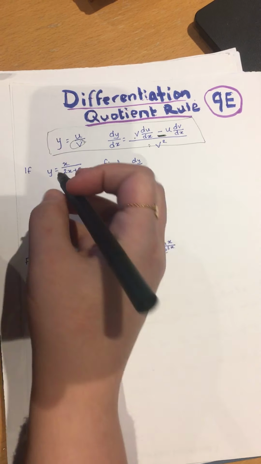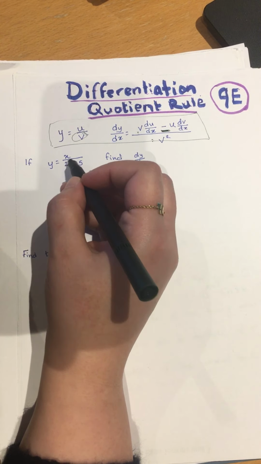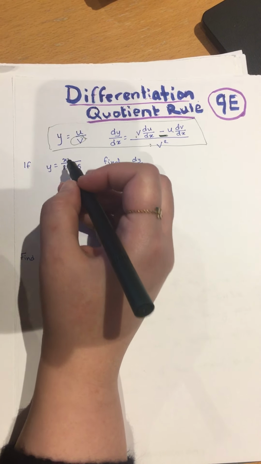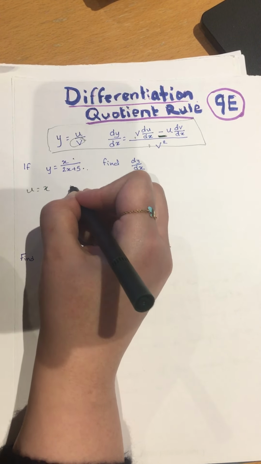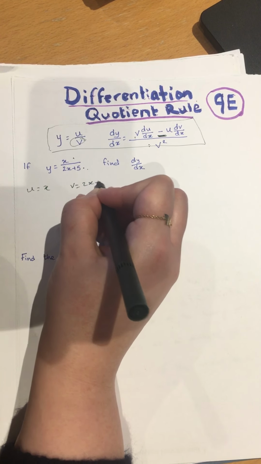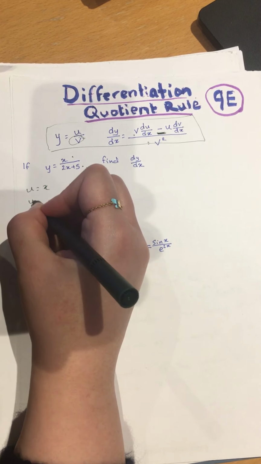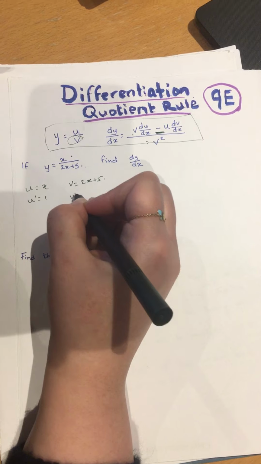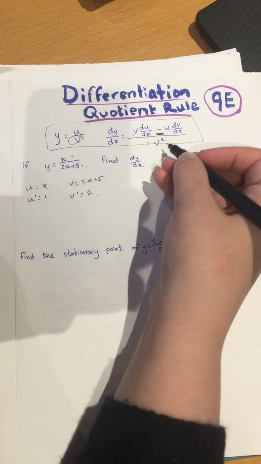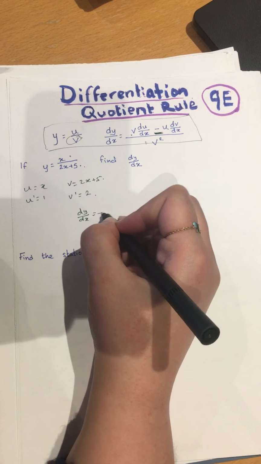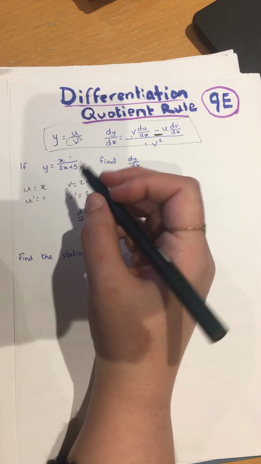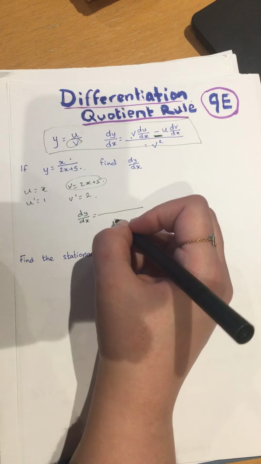Okay, let's put this into practice. I've got y is equal to x over 2x plus 5. So this is u and this is v. And now I want to differentiate both of them. So u dash is equal to 1, v dash is equal to 2. Now applying the formula, dy by dx is equal to, at the bottom I have v squared, so this is (2x plus 5) squared.